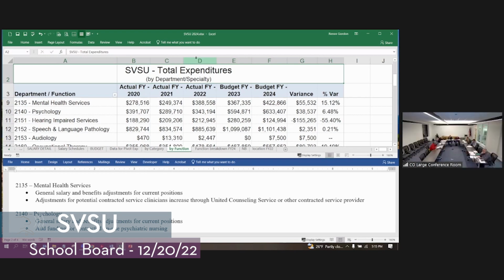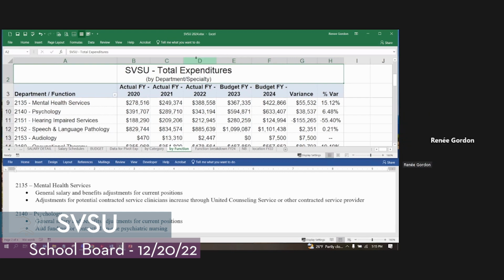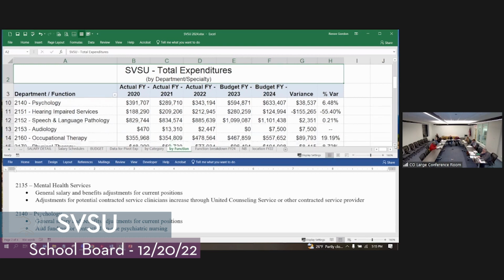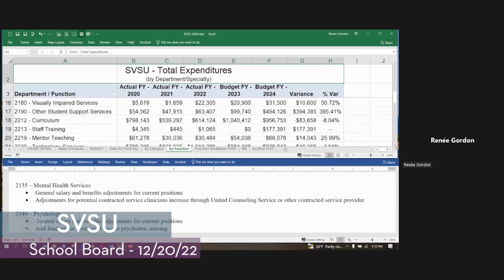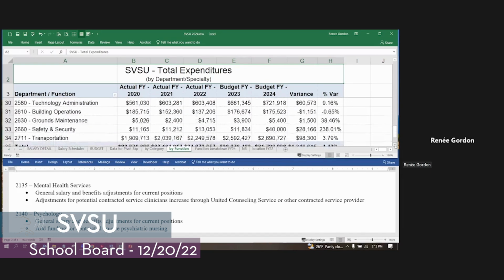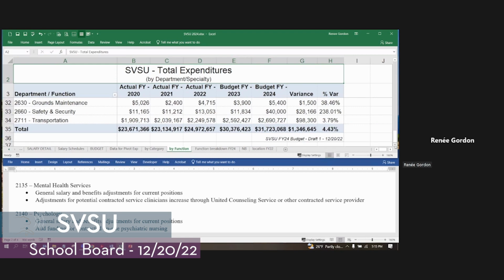So Renee, what I'm looking at, of course, is the bottom line, 4.43. And so can we anticipate that will be lower? Not for your expenditure budget, no, but what you're actually seeing that's rolling into the local budgets, it's really going to depend on the function.